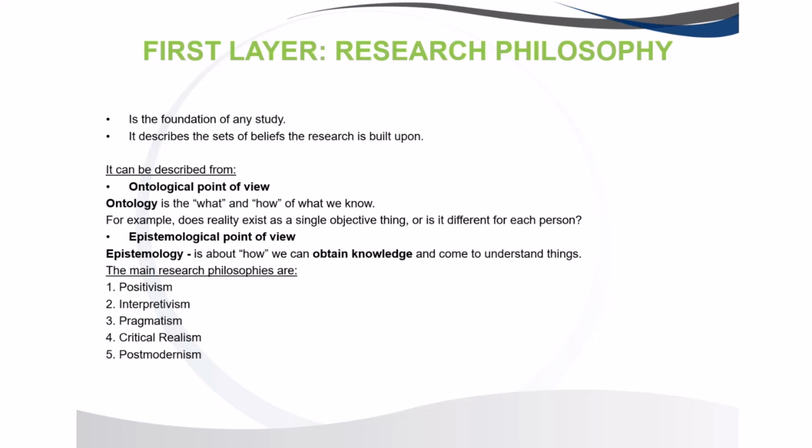Your ontological point of view comes from the word ontology, which is the what and how of what we know. In other words, in ontology we are talking about the things which we know and how much we know about them. For example, does reality exist as a single objective thing, or is it different for each person?